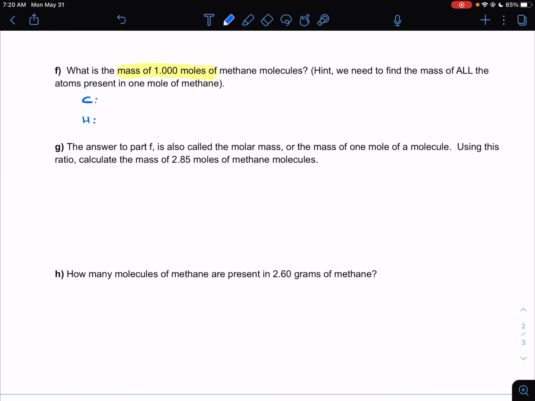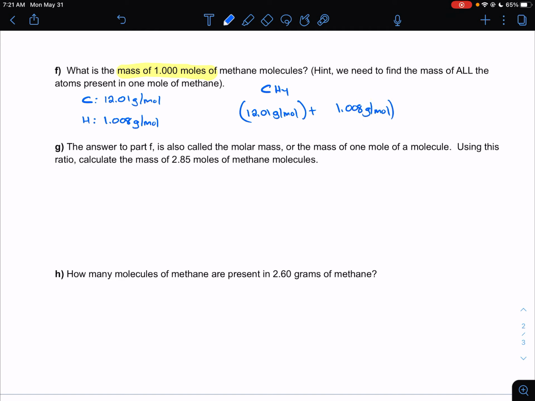So I'm going to write those down on my paper. 12.01 grams per mole, 1.008 grams per mole. That is the mass per mole, but we know in methane, which is CH4, the molar mass will be the sum of all of the atoms. So we're going to have 12.01 grams per mole plus 1.008 grams per mole.